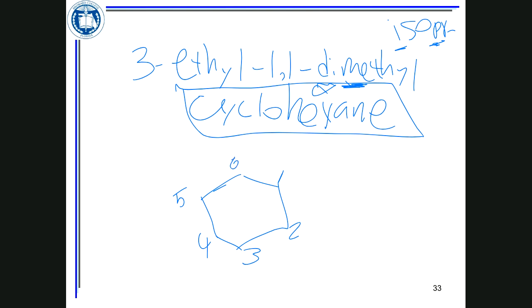But then we have to follow strictly the positions given for each branch. It says 3-ethyl, so ethyl would go to this position. Ethyl group is going to use 2 carbons, and then 1,1-dimethyl, so you have 2 CH3 groups on carbon 1, and you have a CH2CH3 group on carbon number 3 here. And that would be the structure.